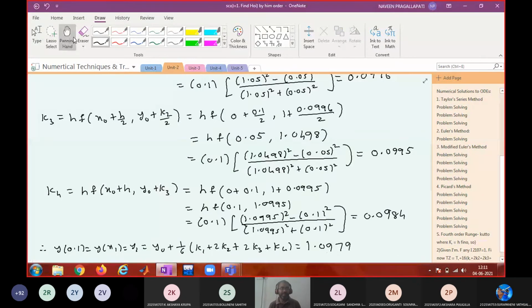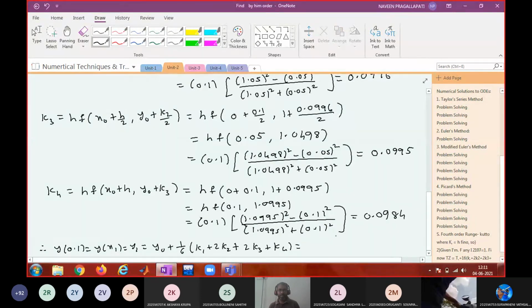Then is this value correct? 1.0994, sir. 1.0994.